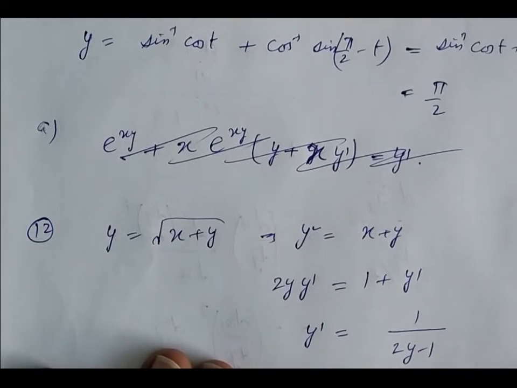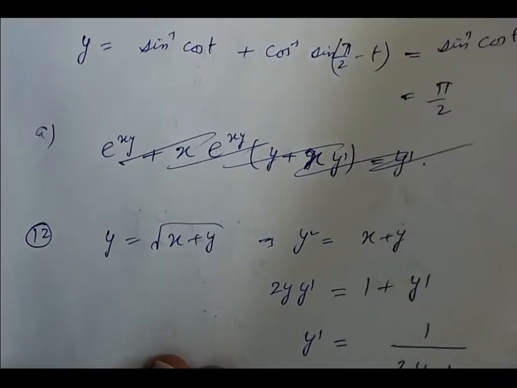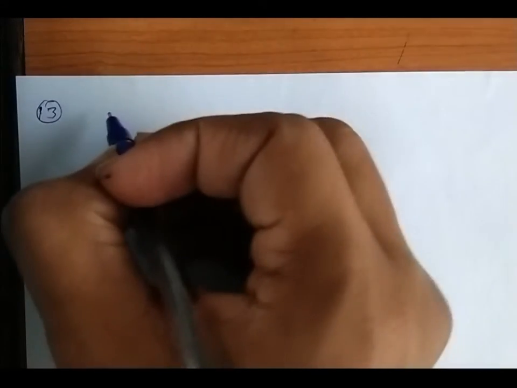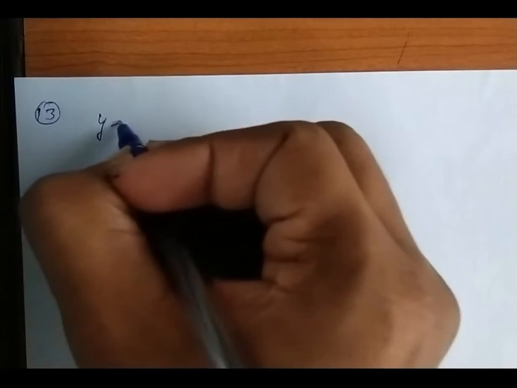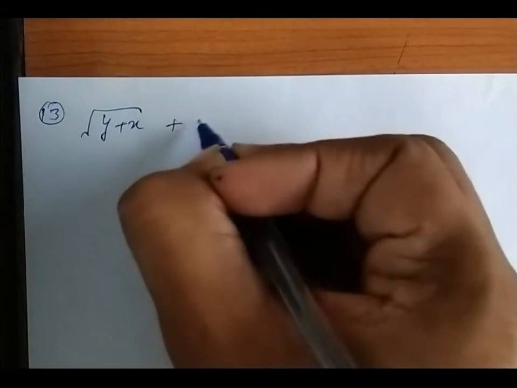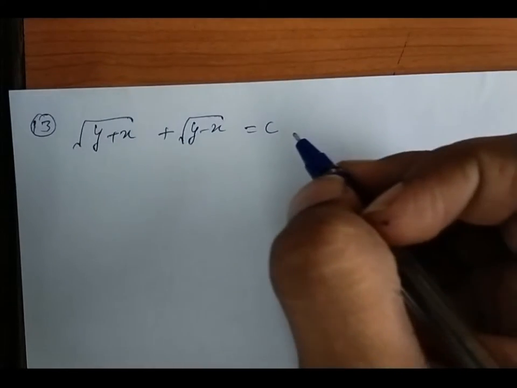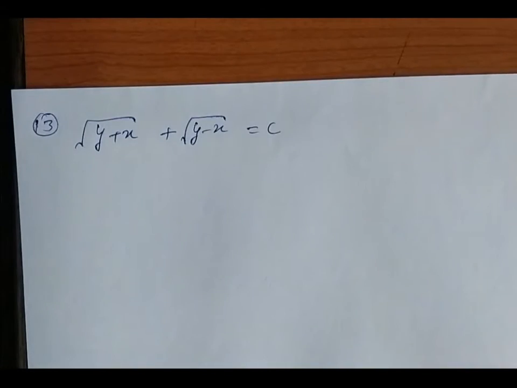Moving to next question, question number 13. So question number 13 says square root of (y plus x) plus square root of (y minus x) is equal to c, and then we need to calculate dy by dx.